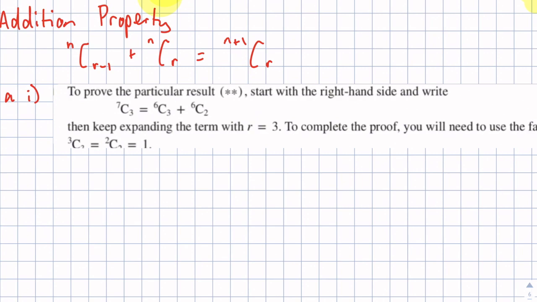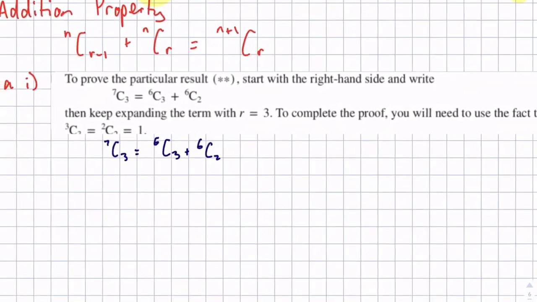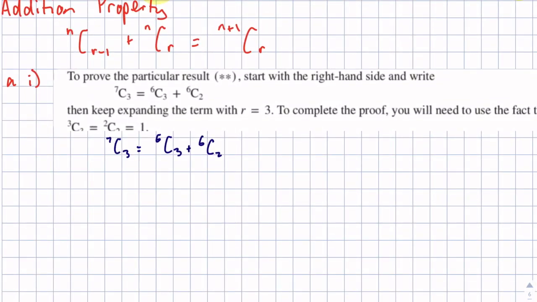And then keep expanding the term with r equals 3. So if I had 7C3 equals 6C3 plus 6C2, what on earth do they want us to keep doing?